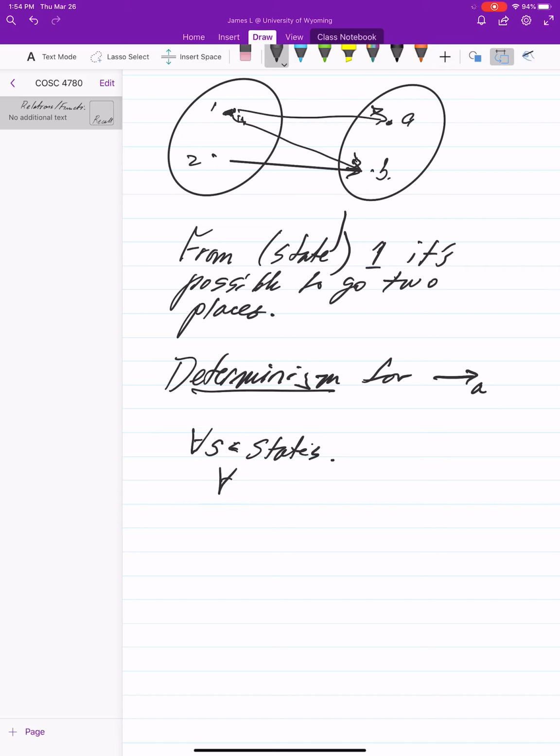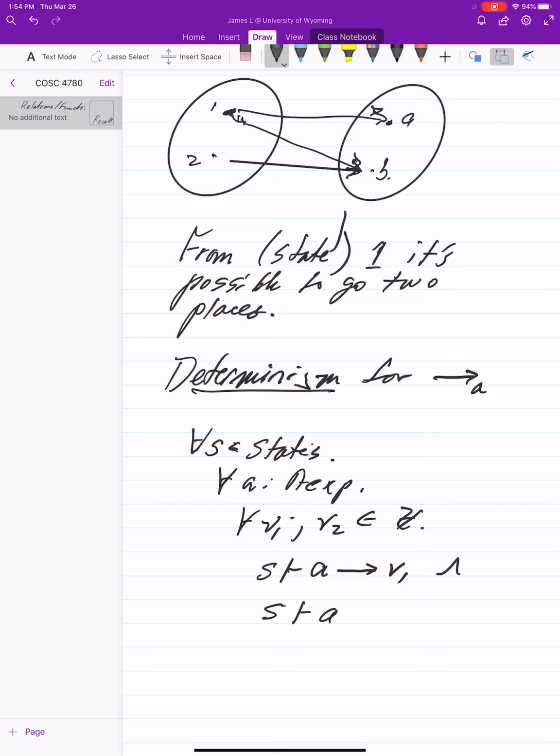And then for every arithmetic expression A, and for every V which is an int, and we'll actually need V1 and V2, we have the property that if under S, A evaluates to V1, and also under S, A evaluates to V2, those two things together imply that V1 equals V2.